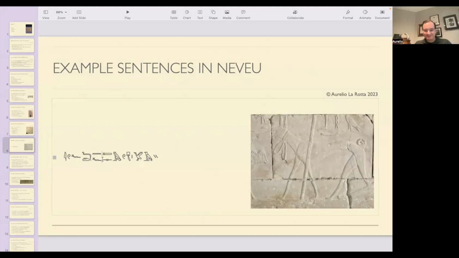Let me make it a bit easier for modern English speakers. You're almost there. He said to? No, wait, you're right. So this is he, right? And he said, and then two. That dog, almost. He said to him, and then this is a sentence.